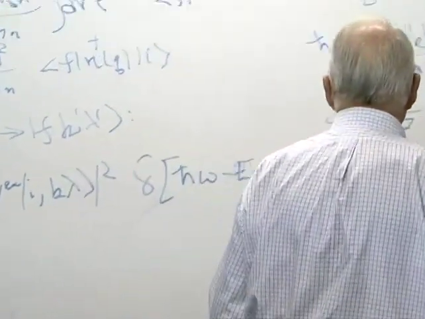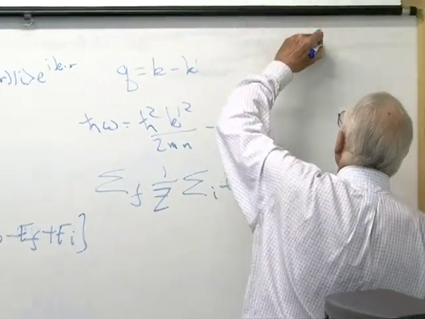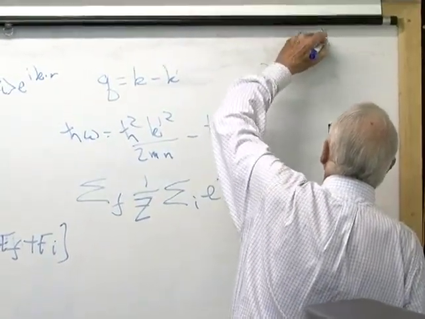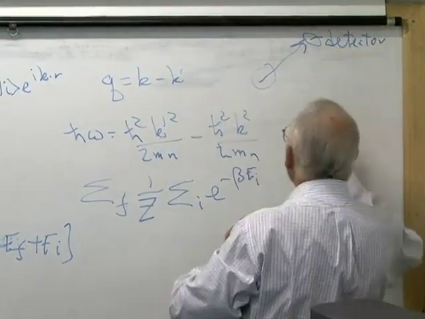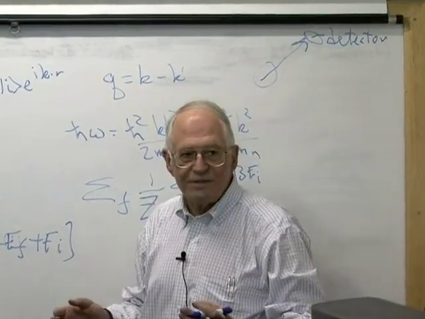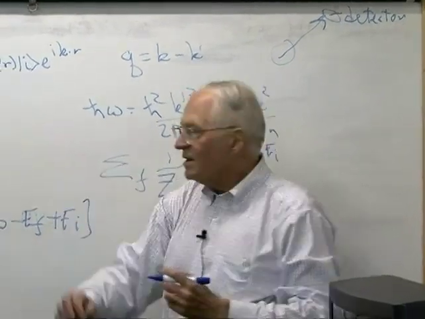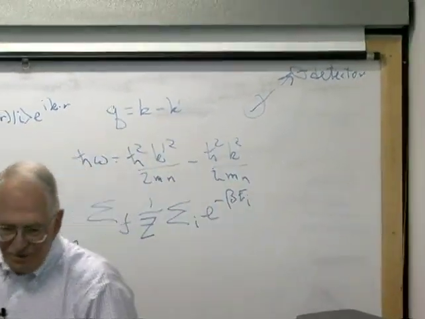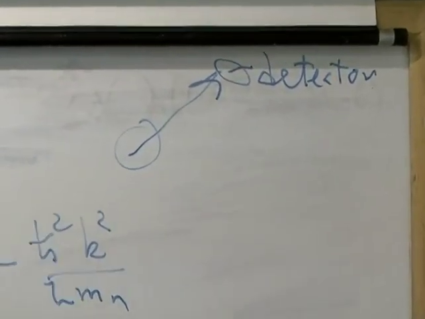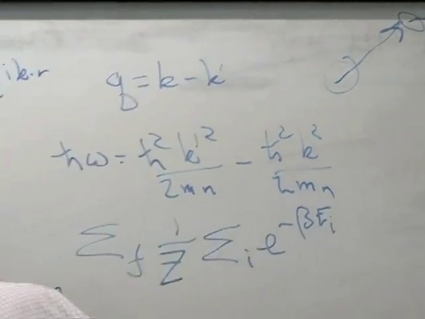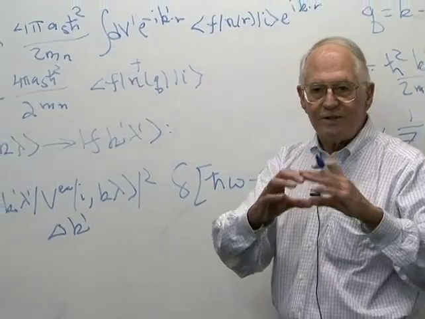Now, there's some more factors. If you do this experiment, you have a little detector. And the detector doesn't measure all final states of the neutron. It only measures the ones that go through the little detector. And so we have a function which tells us delta k prime is the sum over all states that lie in these k that are detected.